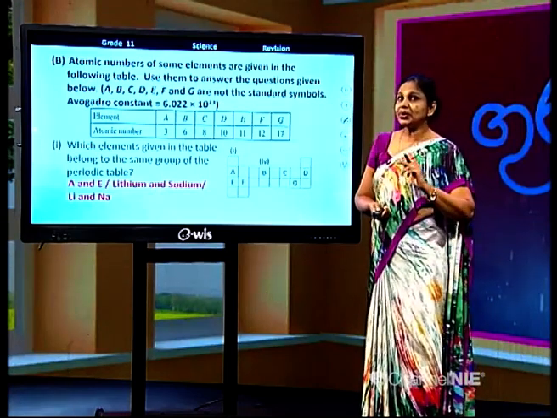Then you have to give your answer only by using the given symbol. Don't write answers with the real symbols of them. Okay. If it is not mentioned specifically, you can go to the real symbols too.